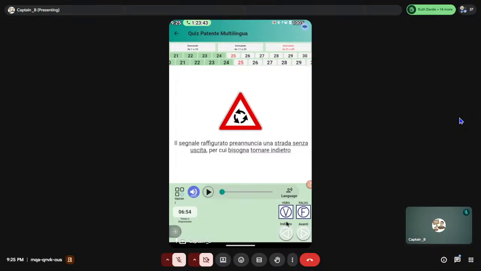Yeah, but the question says the sign announces a road that does not have an exit, for which you need to turn back. When I was explaining, did I say that it's talking about turning back? I always say it's a semaphore, or a roundabout. Understand? Yes.